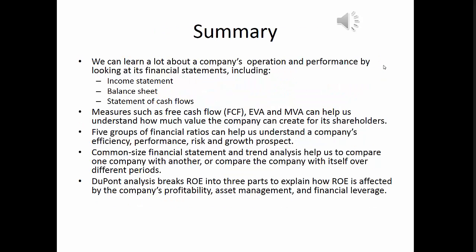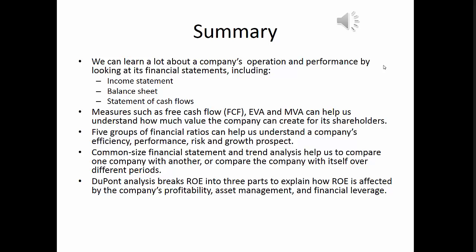To summarize this lecture, we can learn a lot about a company's operation and performance by looking at its financial statements, including the income statement, balance sheet, and statement of cash flows. Measures such as free cash flow, EVA, and MVA can help us understand how much value the company can create for its shareholders.